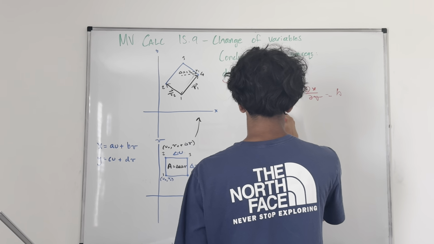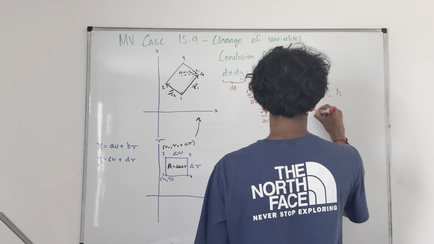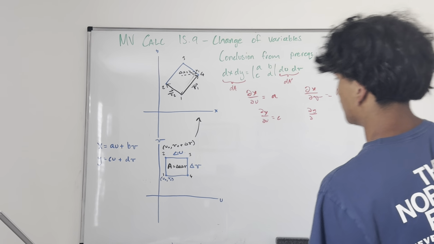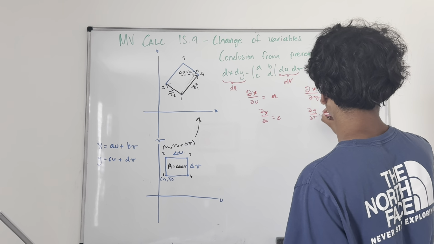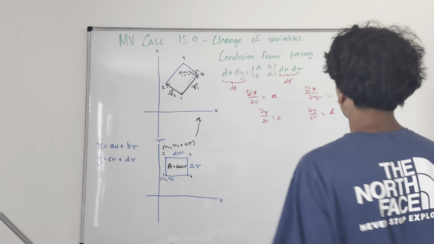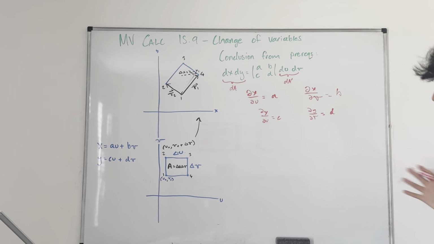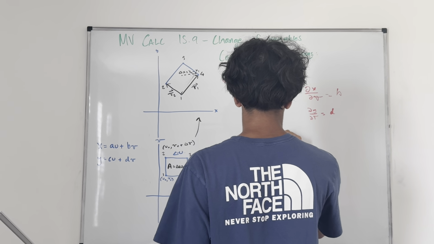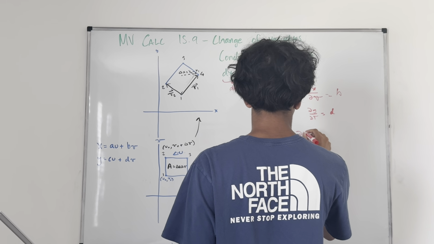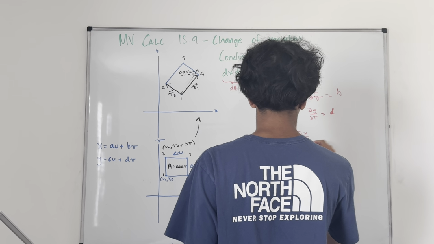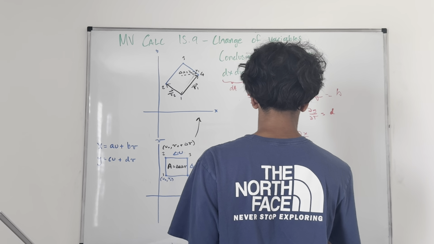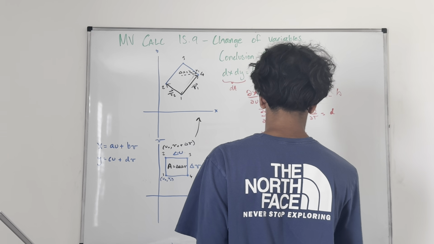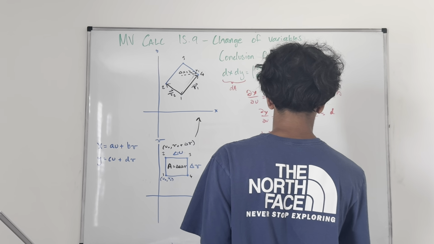Partial y, partial u is equal to c, and partial y, partial v, sorry, I got lost there because I'm thinking about how I'm going to explain this, is equal to d. So really, this determinant is actually just partial x, partial u, partial x, partial v, partial y, partial u, and partial y, partial v.